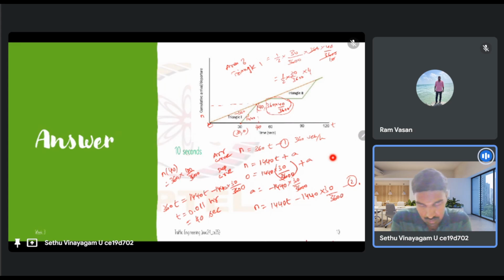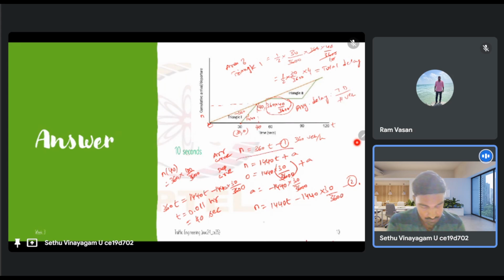So now we have the total delay. But what we want is the average delay in the whole cycle. So average delay equals total delay by number of vehicles. What is the number of vehicles that will arrive in one cycle? For that we have to look at the arrival curve, which is equation number 1.